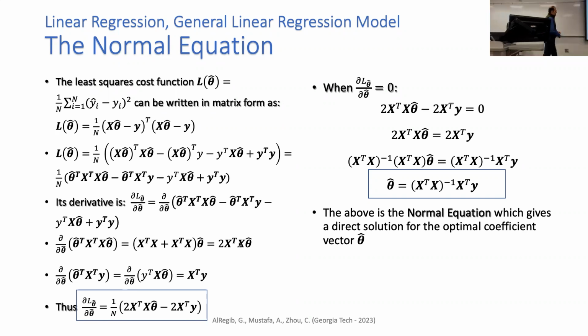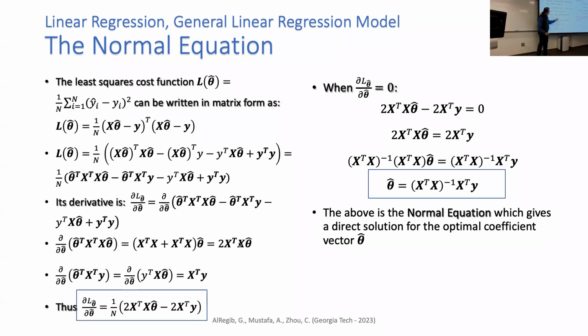And then for the other two terms I have in my equation here, basically they use the first order. So the derivative of the first one, which is theta hat transpose times x transpose times y, with respect to theta, will be basically this term, right? The derivative of this term with respect to theta will be the transpose of this.